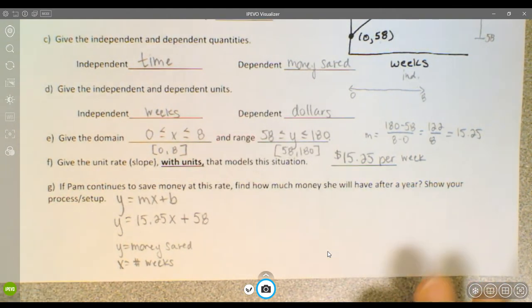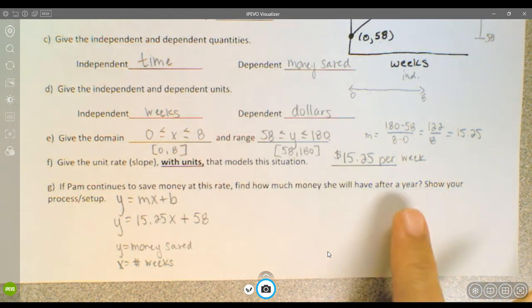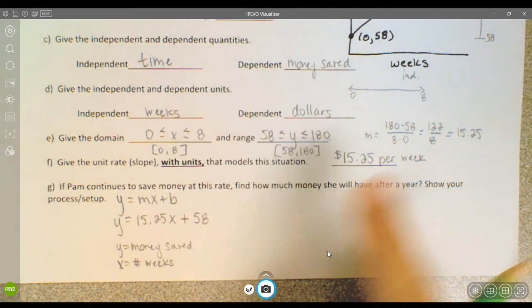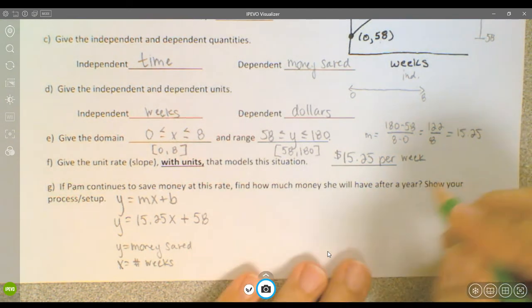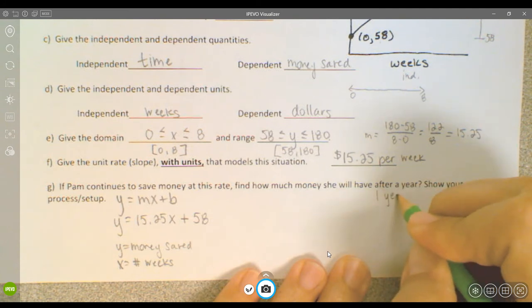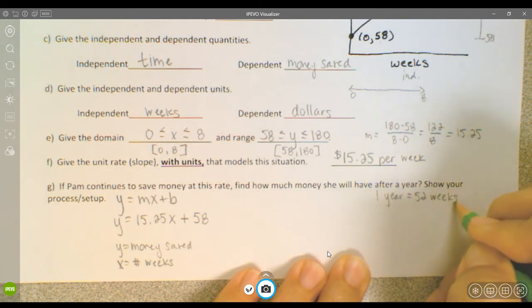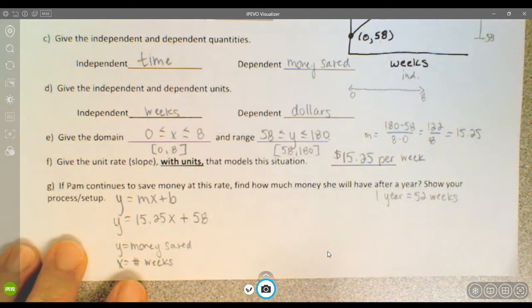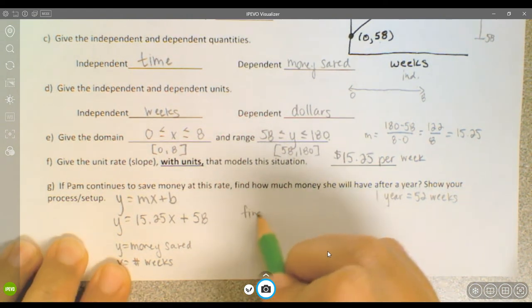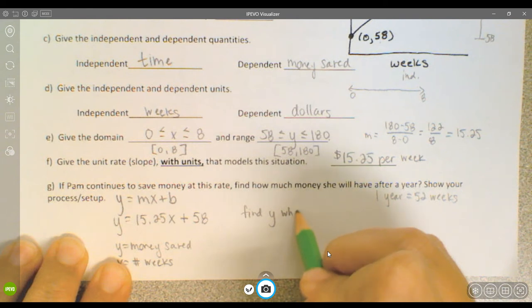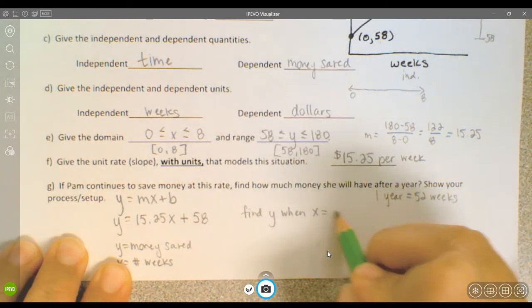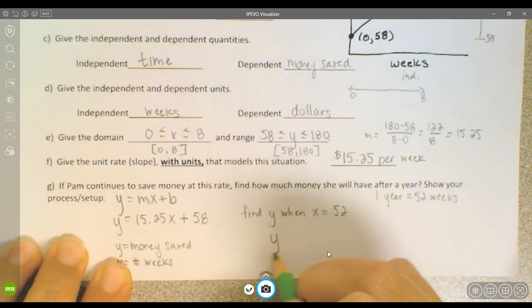Now, how much money will she have after a year? Well, they're asking about a year, but my equation and my graph are weeks. So it's going to help me to know that in 1 year, there are 52 weeks. So what they're really asking me to do is find y when x equals 52.